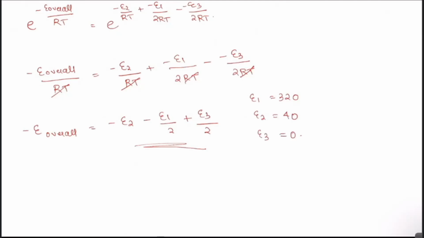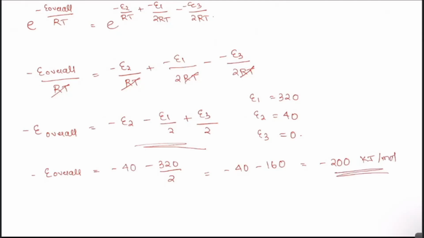If we substitute these values, minus E overall is equal to minus 40 minus 320 by 2, and E3 is 0, so we can neglect that term. So this will be minus 40 minus 160, and that is minus 200 kilojoule per mole.